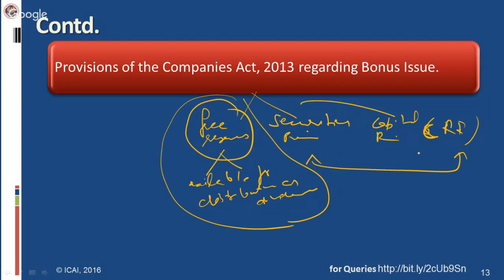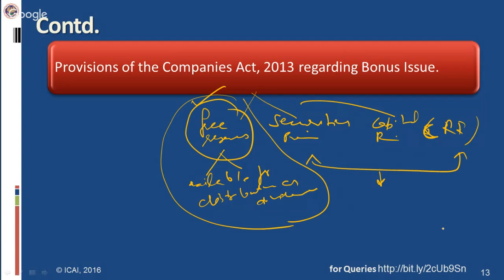One more thing is there, that the provisions of section 52 and 55 clearly say that the company can issue fully paid bonus shares out of free reserves. Even if the company wants to make its partly paid up shares fully paid up by way of bonus, it can do so, but not through these two sources.